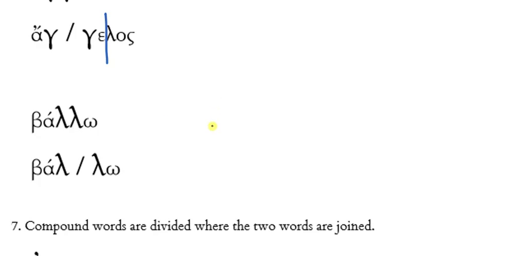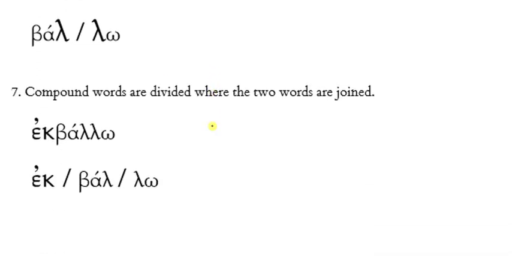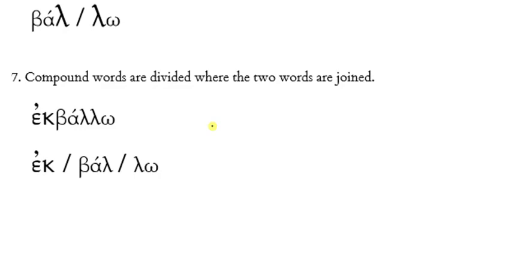And then last we have compound words. Compound words are divided where the two words are joined. Now, what's a compound word? I guess we should make sure we understand what that is. A compound is the bringing together of two things. So a compound word is a word that really has a prefix attached to it, where you could break that prefix off.